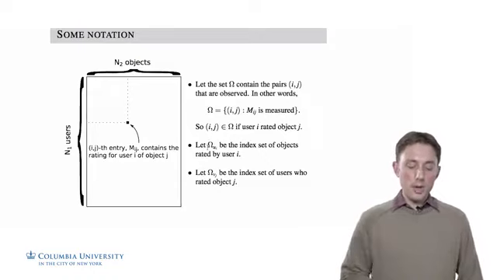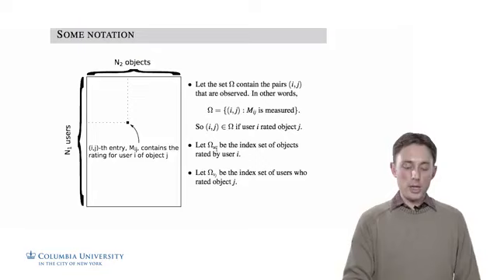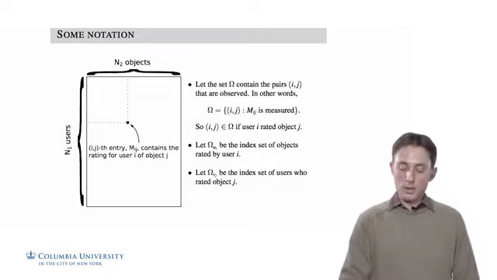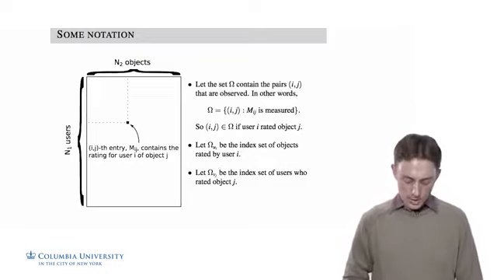And let's let omega_ui be the index set of all objects rated by user i. And let's let omega_vj be the index set of all the users who rated object j. So this is just for notation, so we can have a cleaner way of writing this later.